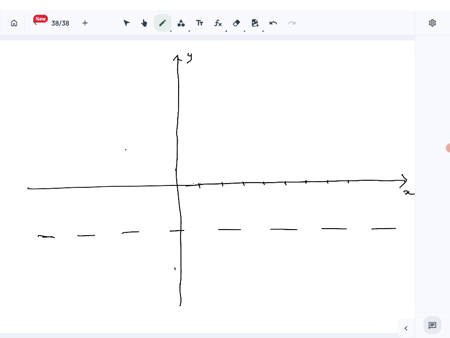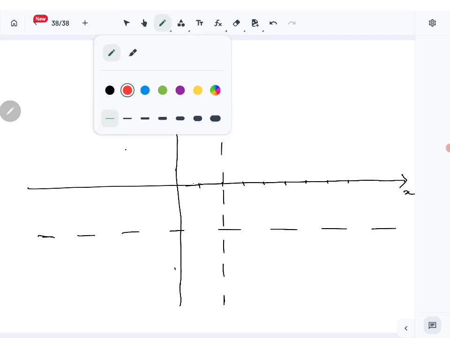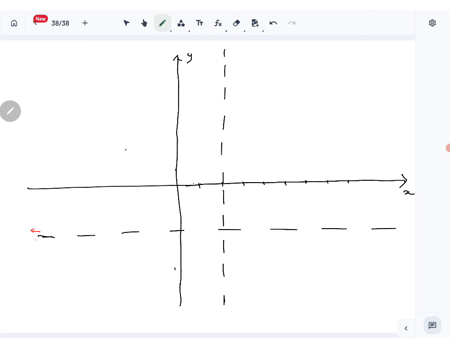Right. Then through 2 you have your vertical asymptote. So let me put this arrow so that I can easily draw this. Now we have marked the asymptotes.